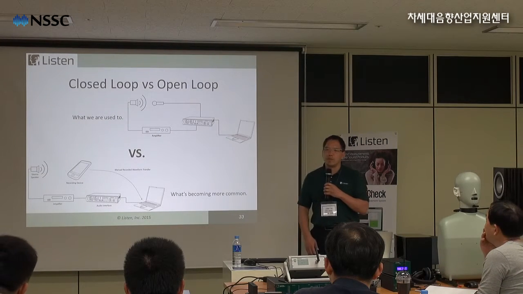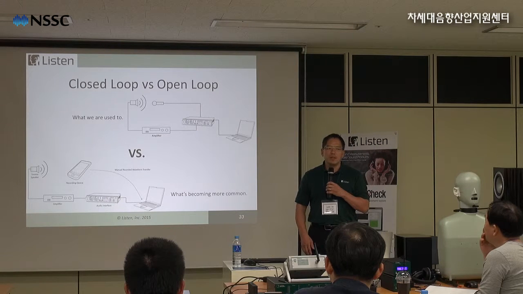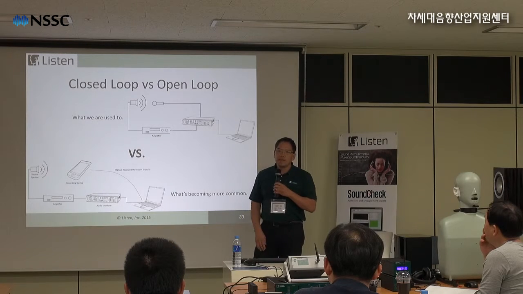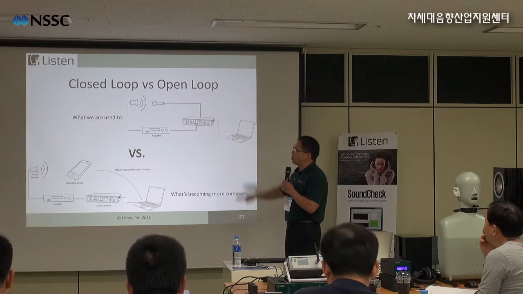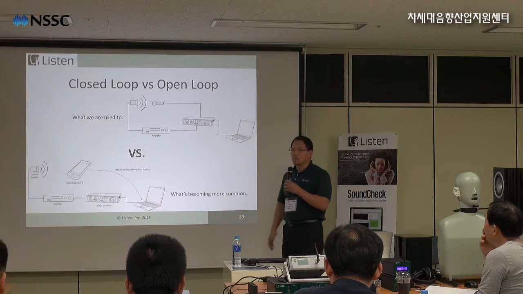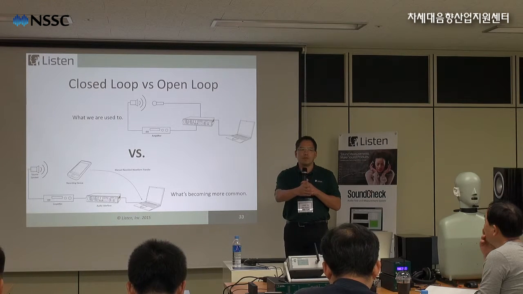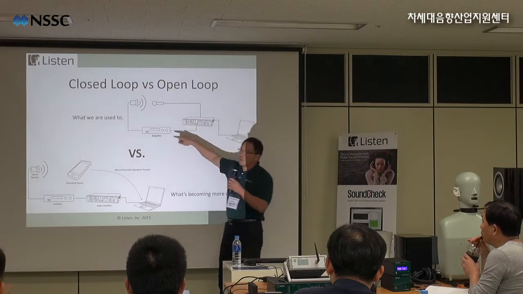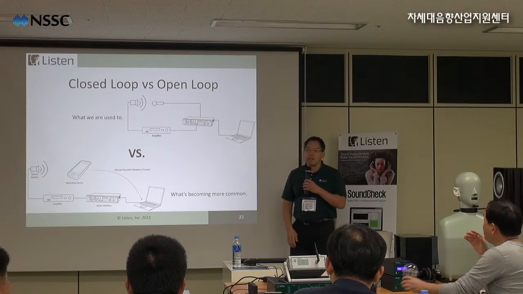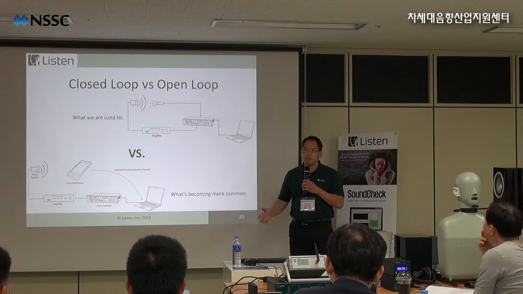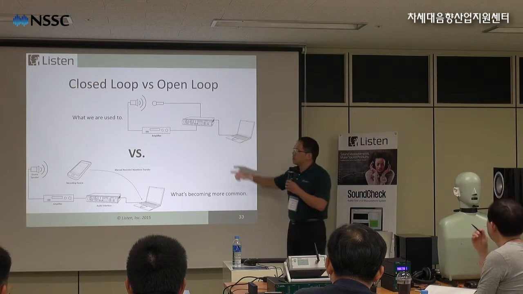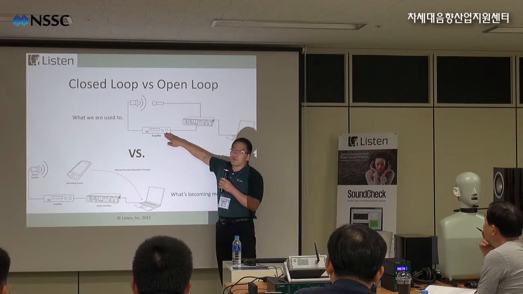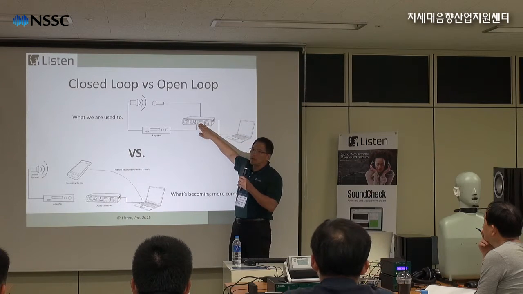So, the difference. Traditionally, we have what we call a closed loop test system. Very simple in terms of concept. Steve has talked about loudspeakers and headphones. The common link there is it's a single loop. If you're testing a transducer, headphones, speakers, all those things are connected to a single amplifier and a single sound card.